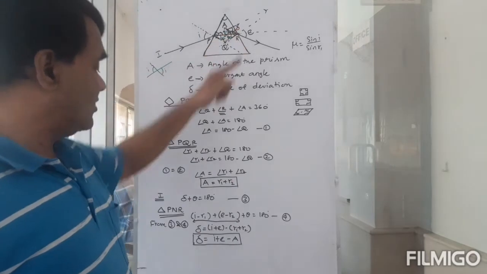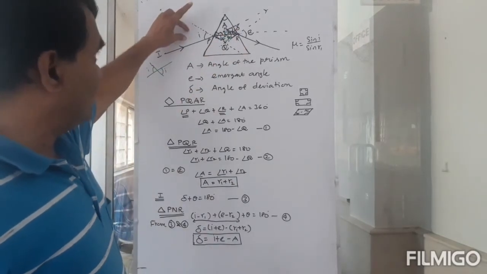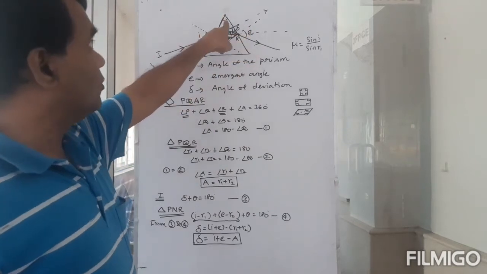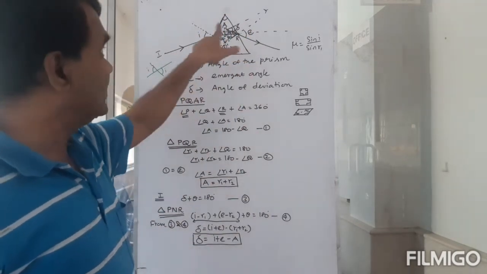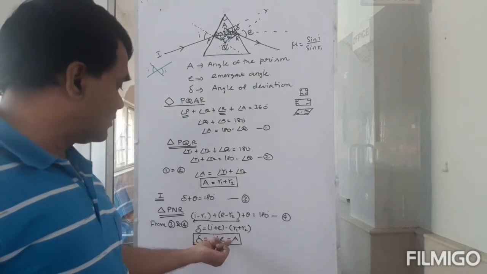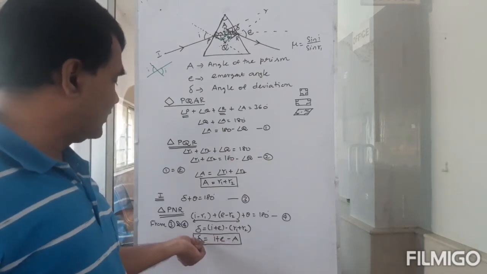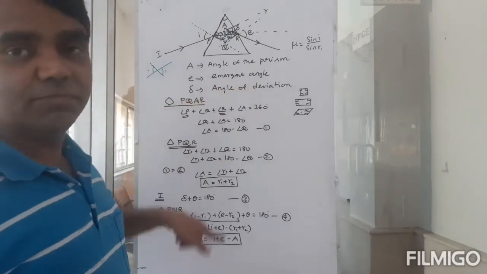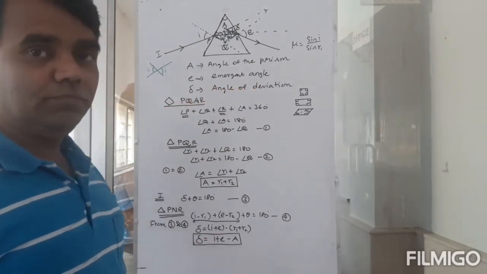You can measure small I, you can also measure E. Then you also know the angle of the prism. You know these three quantities, so from those you can figure out what your angle of deviation is.